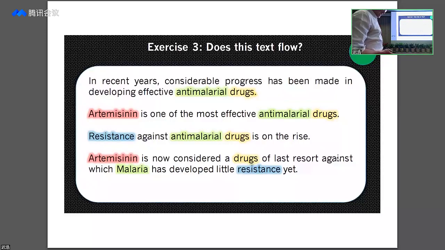Can you see why the sentences don't seem to be connected very well? You see, every sentence starts with something else, right?